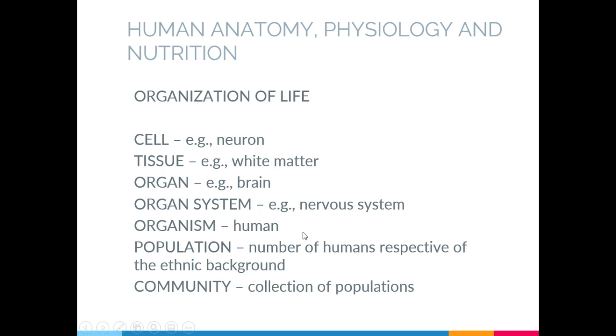A human being is composed of many organ systems man, including nervous system. Several collections of humans, irrespective of the ethnic background, would become a population, and several populations would become a community. So, this is how human life is organized from the smallest unit, which is cell, to the largest unit, which is the community.